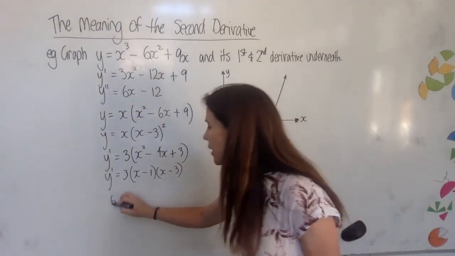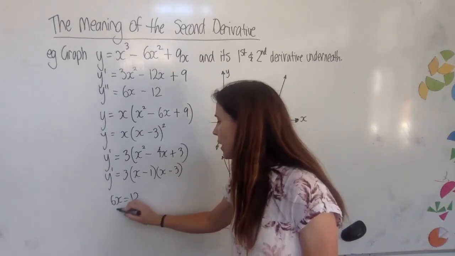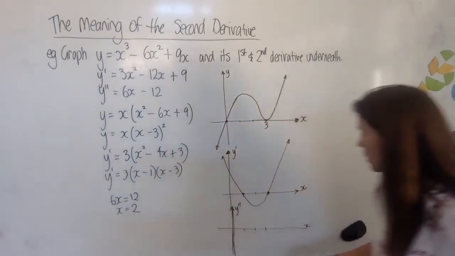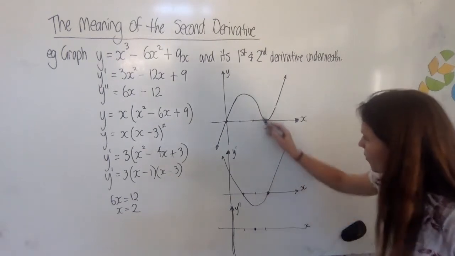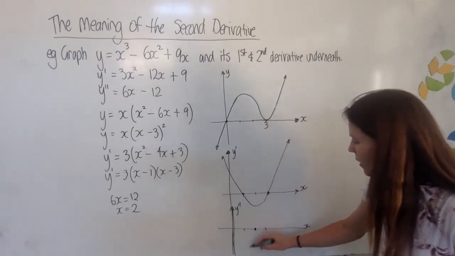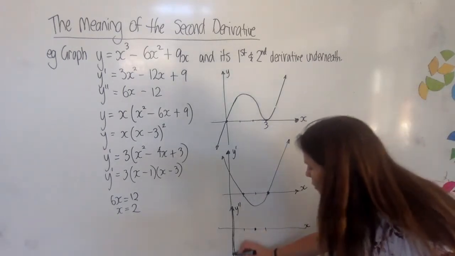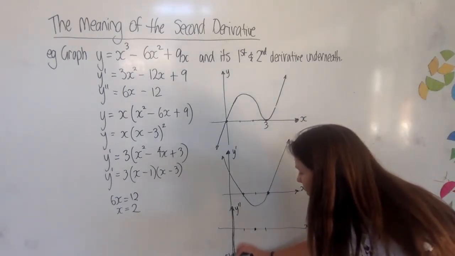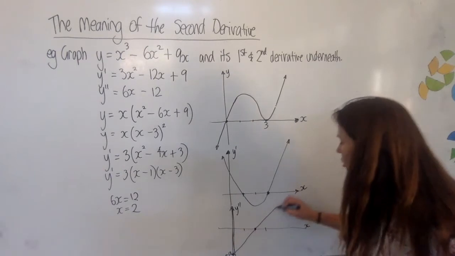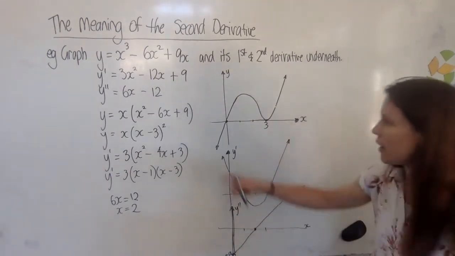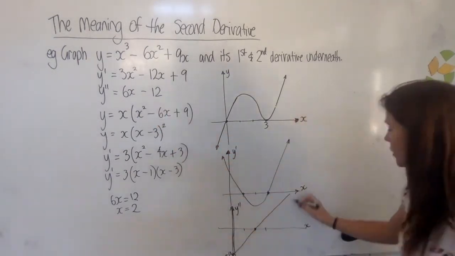So 6x would have to equal 12, x would equal 2. So that means it goes through here at 2, and I've lined up the 2 with the others, and it's going right down here. I don't quite have enough space for minus 12, so I might just make my scale a little bit different on both axes so that I can show generally what's happening. And I know that this is a straight line.